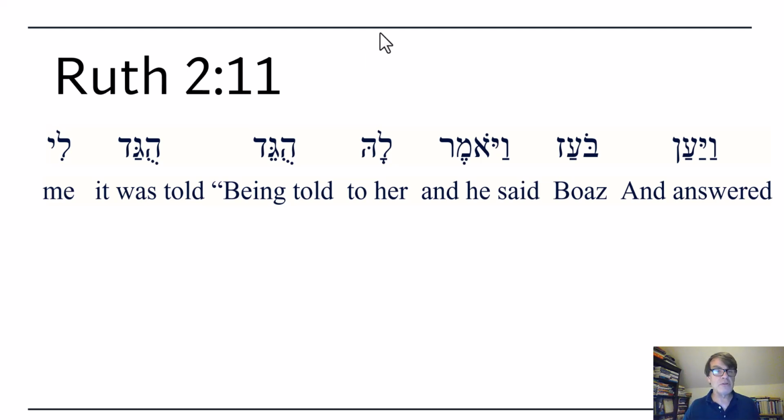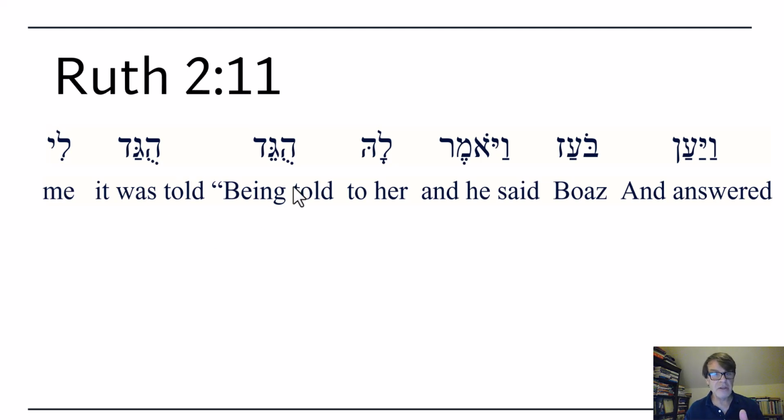The infinitive absolute is used in the construction, dying you will die, that kind of pleonastic, being told it was told. It's like, that's too much, it's bad writing, but not in Hebrew. In Hebrew, it's like, it was surely told. Boaz answered and he said, for sure it was told to me. Absolutely it was told to me. So being told it was told, that's a Hebrew idiom.